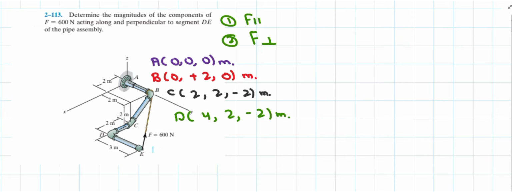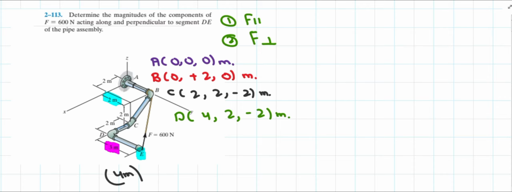Again, the last point, that is point E. Point E is 2 meter away from point D, and point D is 2 meter away from point C, and point C is 2 meter away from the origin. So point E is 4 meter away from the origin and it is indicating out of the screen. So it is the positive x value present in point E. And what about the y value? This blue 2 meter distance tells us point B is 2 meter away from the origin.